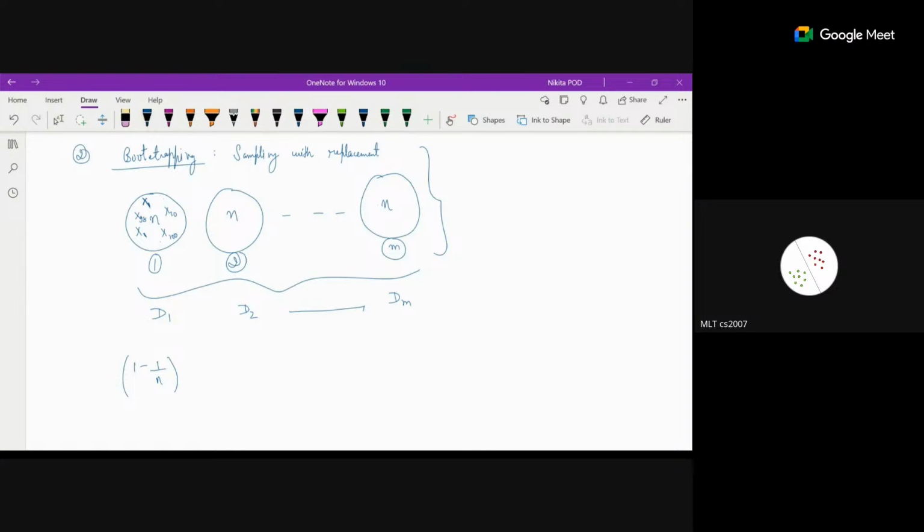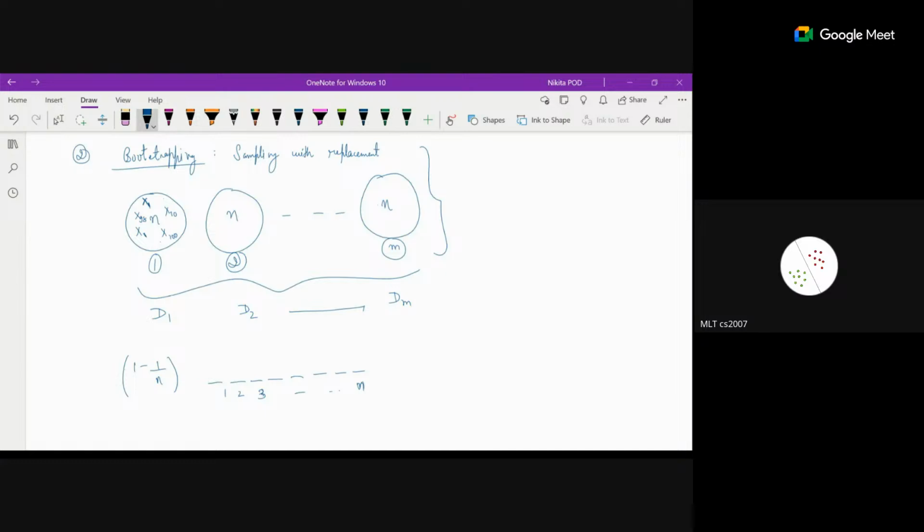But in any bag you need n different data points, right? So the probability that when I picked the first data point, my xi is not in this Dj, let's say, is 1 minus 1 upon n.